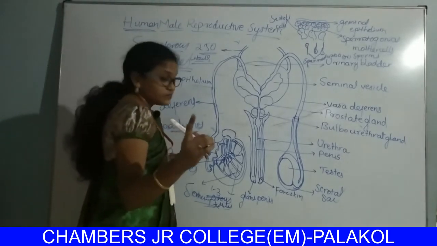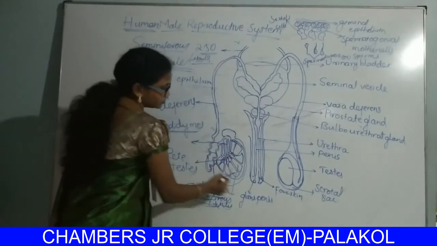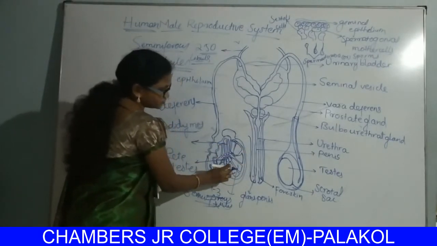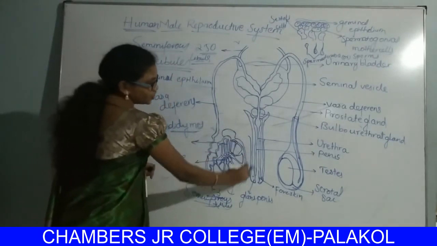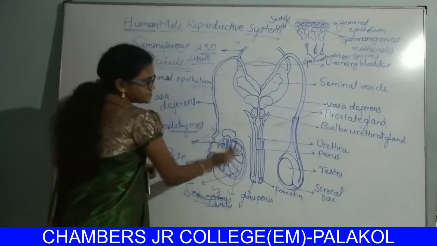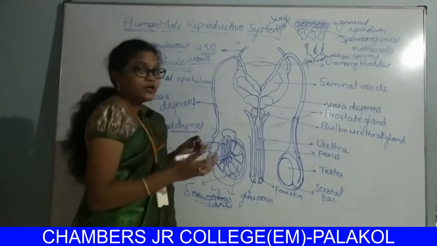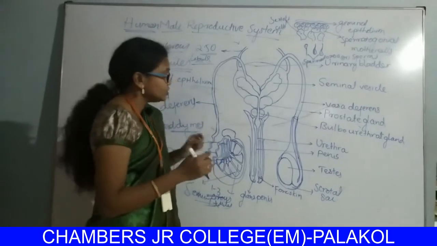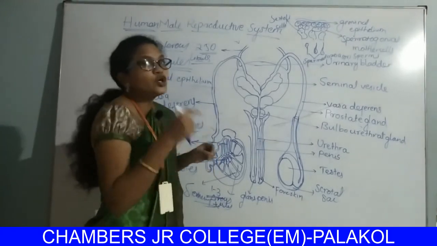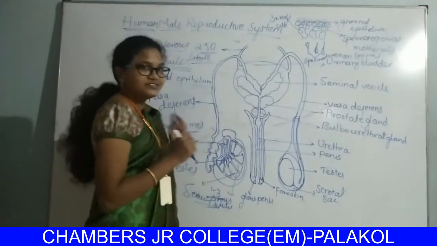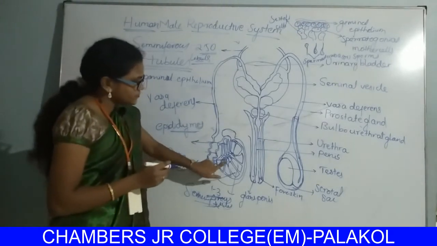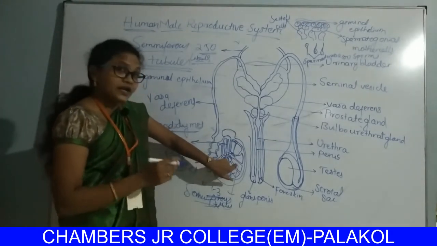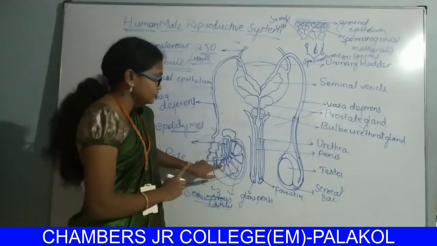Again, the testis is divided into how many lobules? 250 lobules. Each lobule contains highly coiled seminiferous tubules.